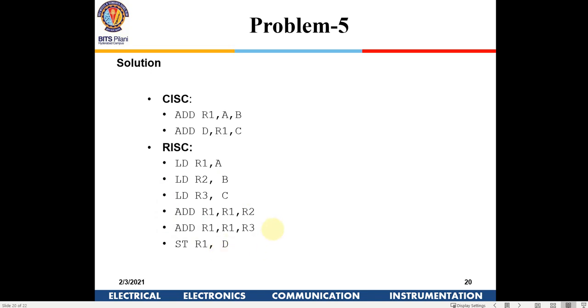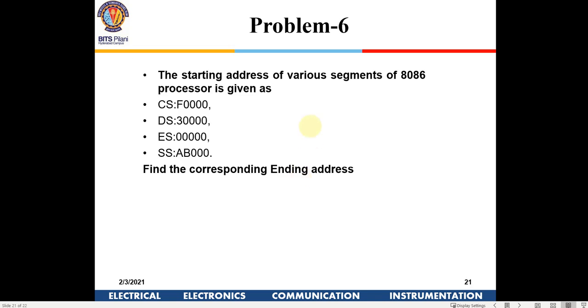But since in mobiles we don't really target complex operations, only simple operations, RISC is most suited for portable devices, whereas CISC architecture is used for high computation devices.